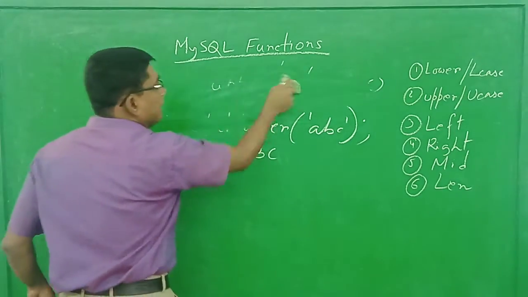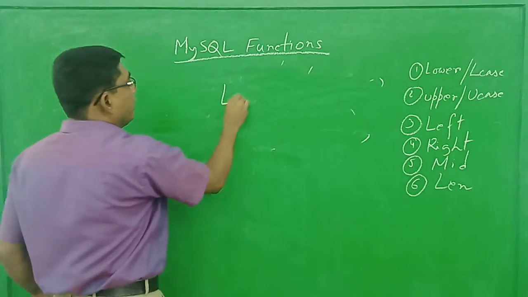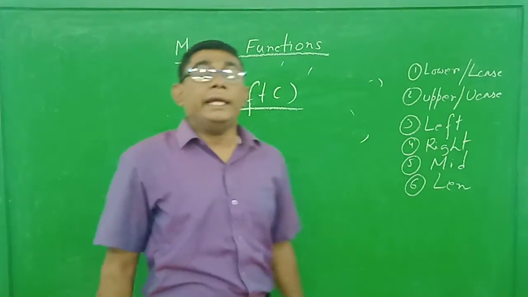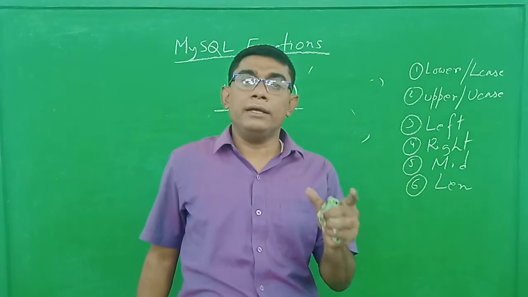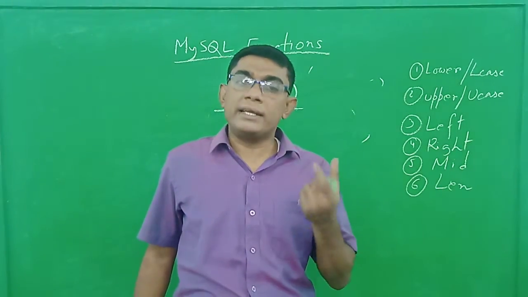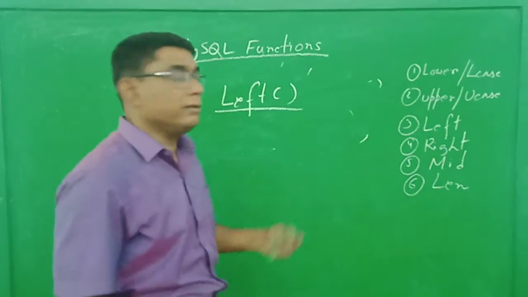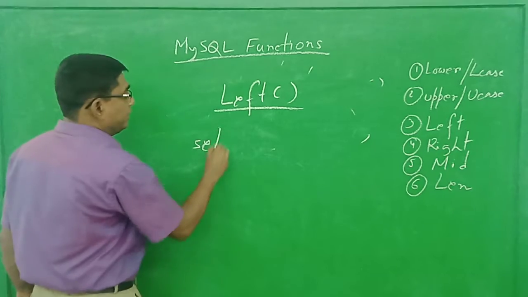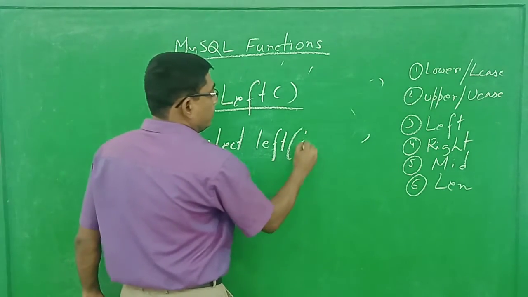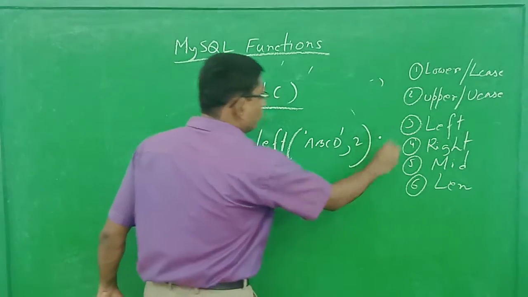The third function is the left function. What is the left function? It will extract a part of the string from the left hand side of any string. Suppose you write SELECT LEFT, you write 'ABCD' within quotation marks, comma 2.